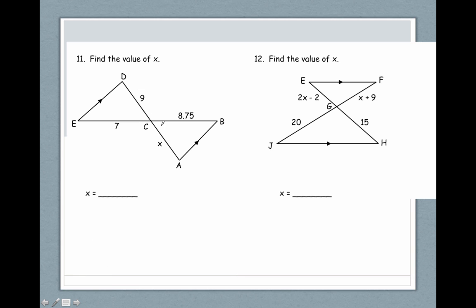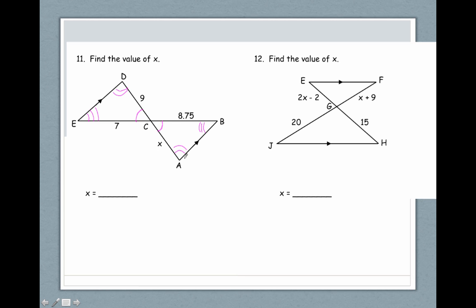Okay, here we want to find the value of x. And we've got, these are the same. Because of this parallel, we have these are the same. And those are the same. So the proportion goes with these two together and these two together.